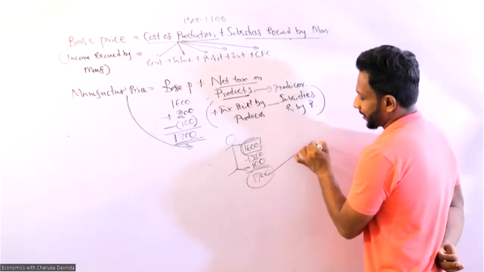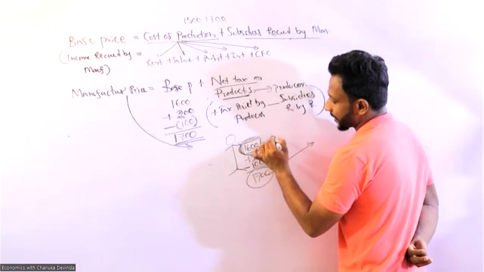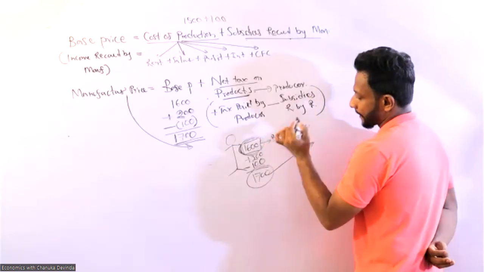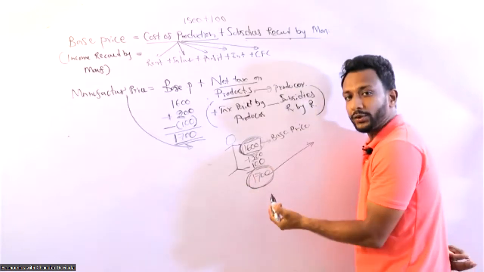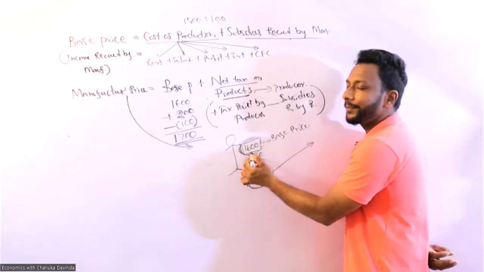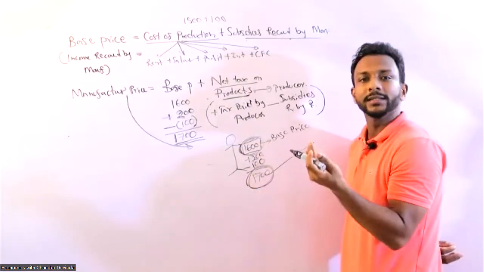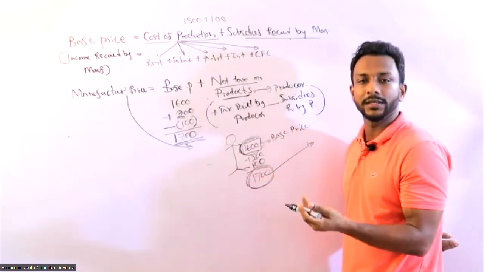This is the manufacturer's price. This is his expected price, that is the base price. This is the price at which he needs to sell to receive the base price, because he has to pay 200 tax and he can receive 100 subsidy.